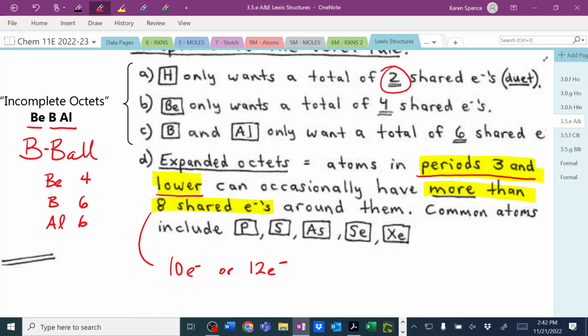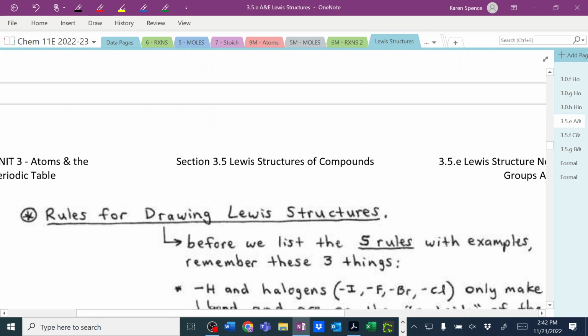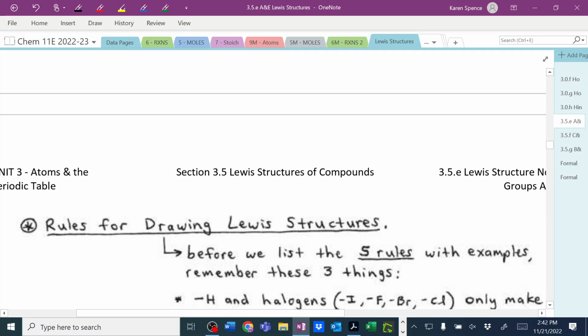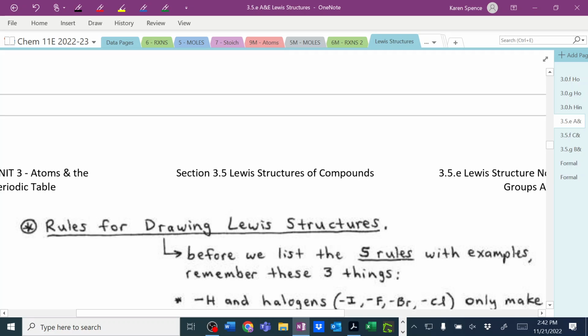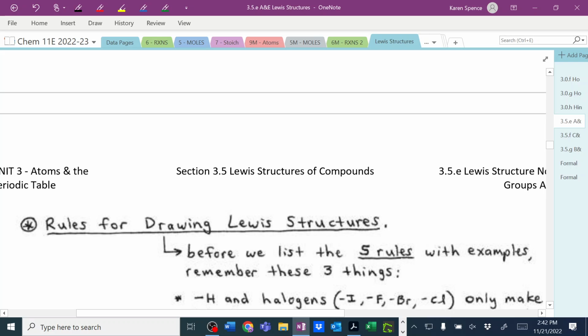So it's basically 2, 4, 6, 6, and then we get to 8, and then period 3 and lower can have 8 or 10 or 12. Does it matter? No. Okay, we're moving on.